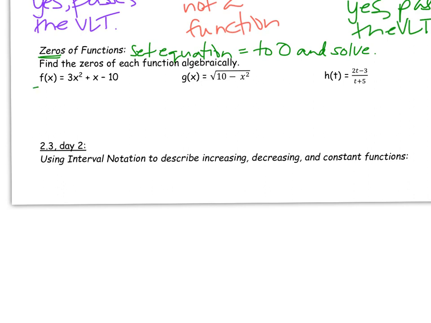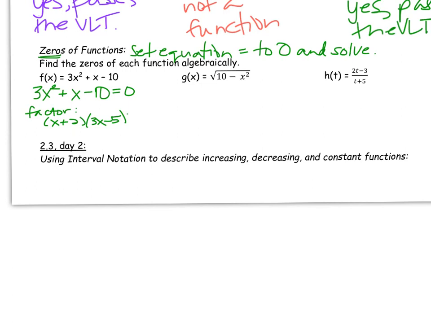For 3x squared plus x minus 10 equals 0, you could factor or do quadratic formula. If you factor this one, you would get x plus 2 times 3x minus 5. And we've practiced factoring before, so you can do that on your own if you'd like.